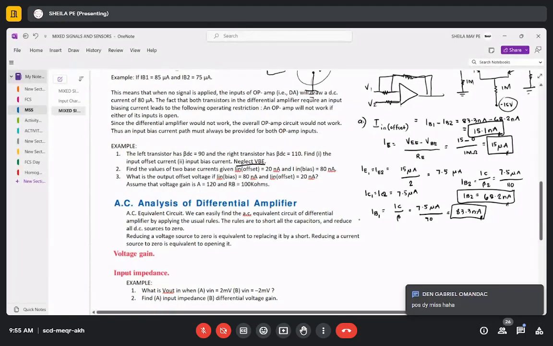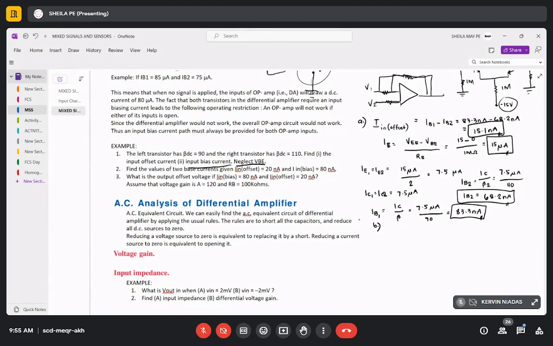Right? Now next we need to find our input bias current. For the formula of our input bias current, that would be IB1 plus IB2 divided by 2.